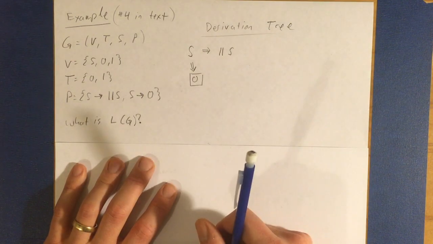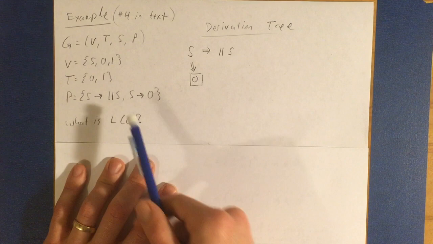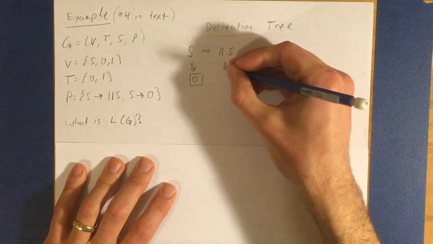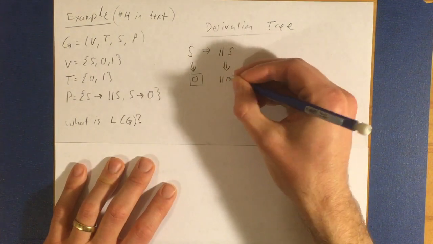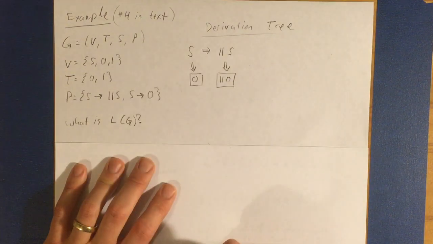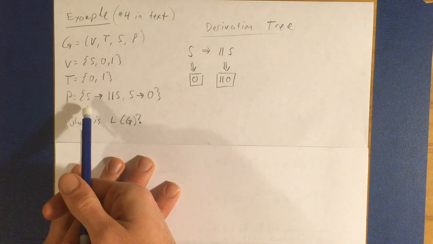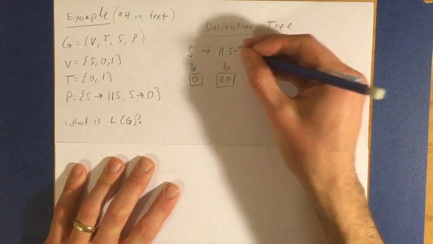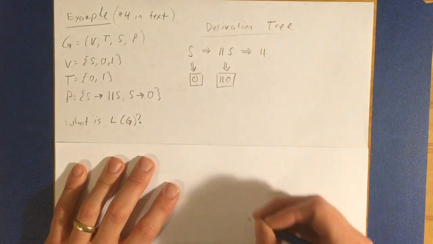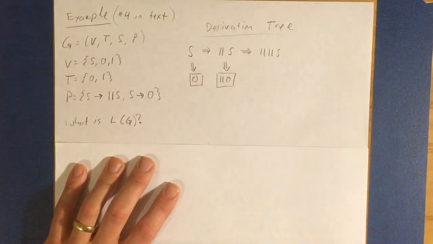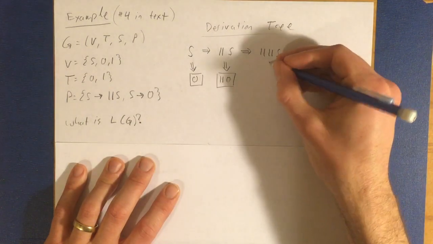All right, we still have an S, right? We could replace that S with a 0, which would end our process. So I could drop off the bandwagon and just have 1-1-0. Or I could apply the first production a second time, and replace this S with another 1-1-S. See what's happening here?